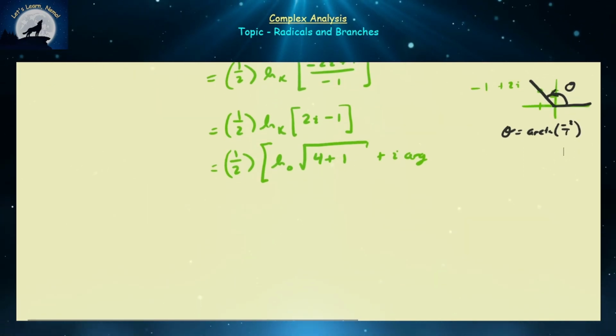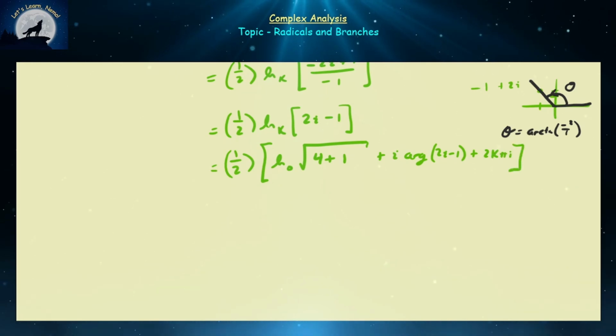Once we have that, let's not forget our 2kπi periodicity term. So the argument of 2i minus 1, plus 2kπ. And that's going to be equal to 1/2 times the natural log of the square root of 5, and let's distribute our 1/2.